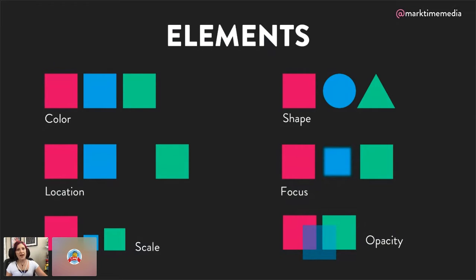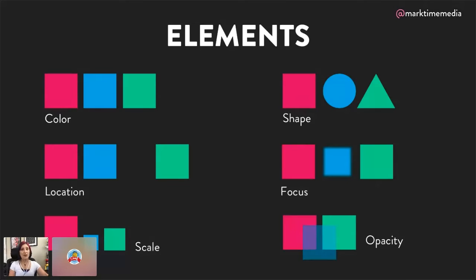So there are several different elements that you can animate on the web. One of those things is color, and that could be the color of text, the fill, the border, but pretty much any kind of color you can animate. We can animate the location of something on a page relative to something else or relative to its container. We can animate the scale of something, so make it larger, make it smaller.